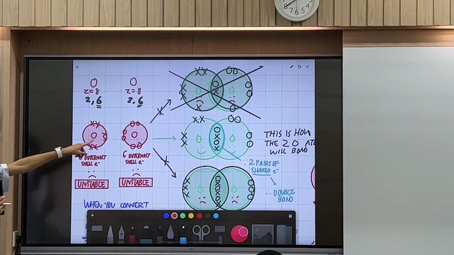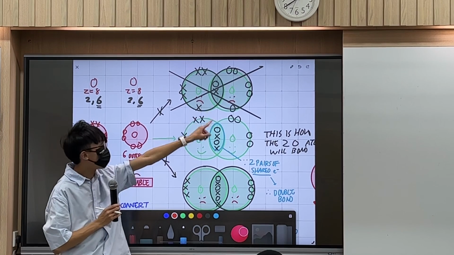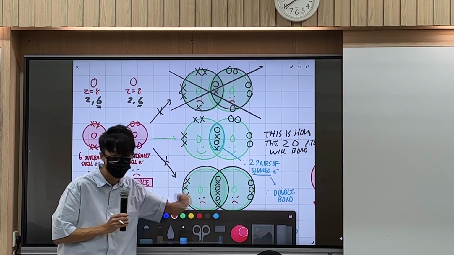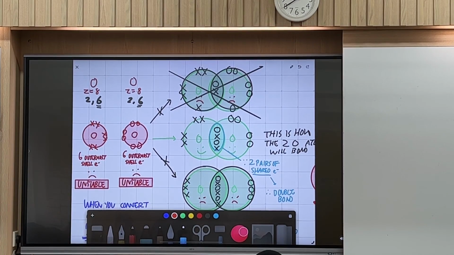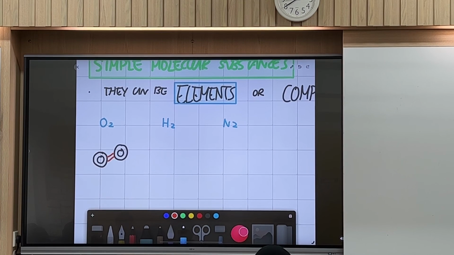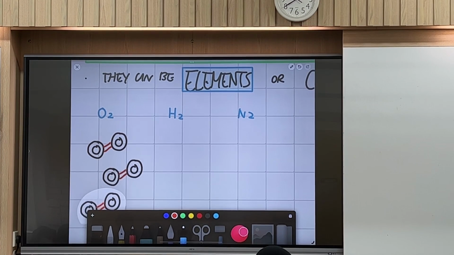When you force oxygen to form a single bond, are they satisfied? No. They are only satisfied when they share two pairs of electrons, aka a double bond. Which is why I draw two lines here. We don't draw a random number of lines in between atoms. So this is what O2 looks like.